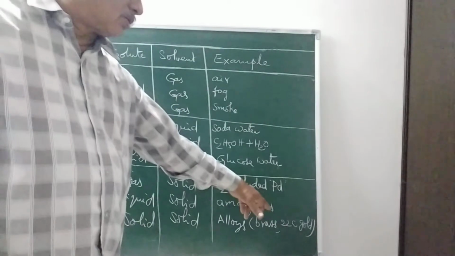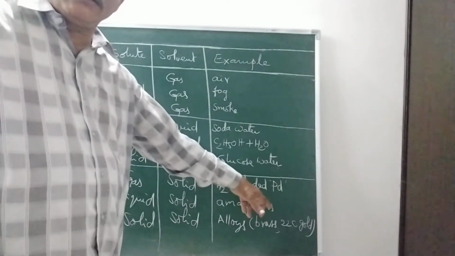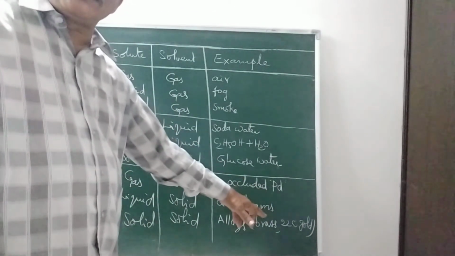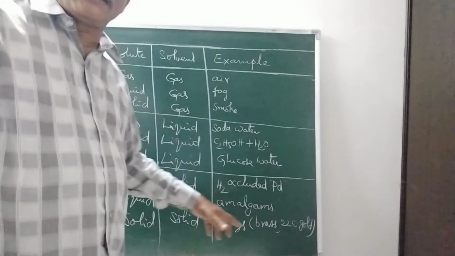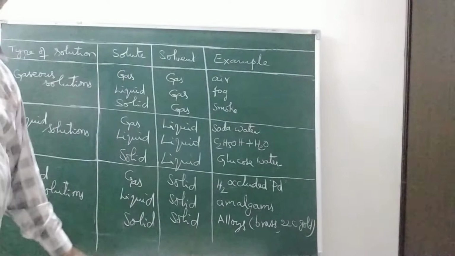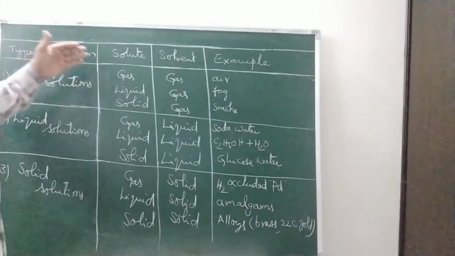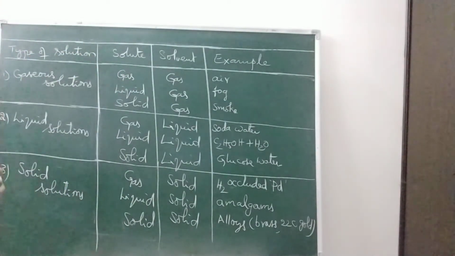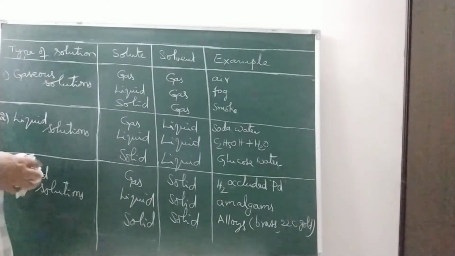This is called 22 carat gold. So here copper is solid and gold is also solid. So solid and solid type of solution. So this is the classification of solution into different types.